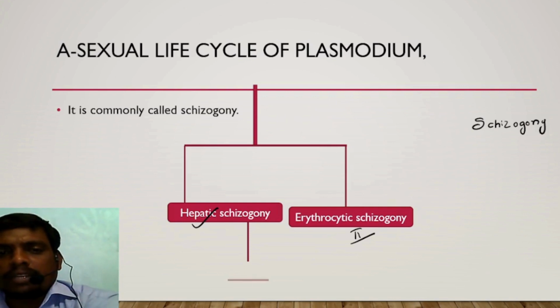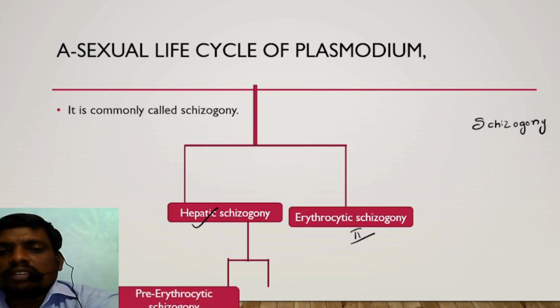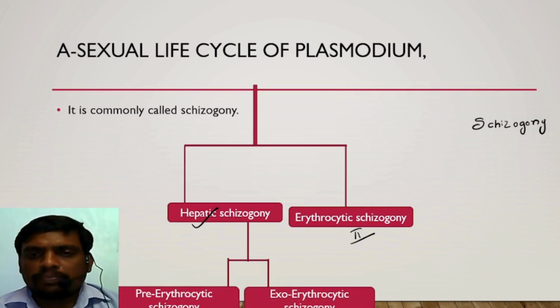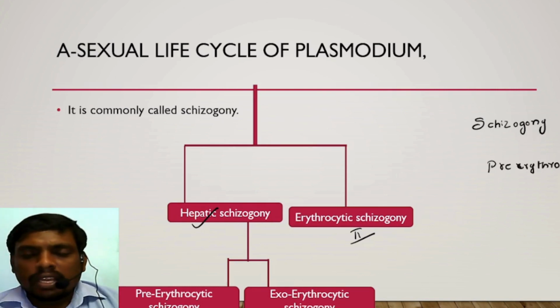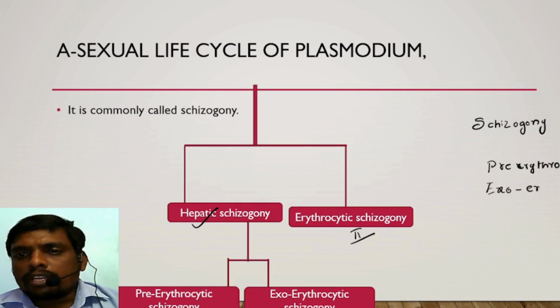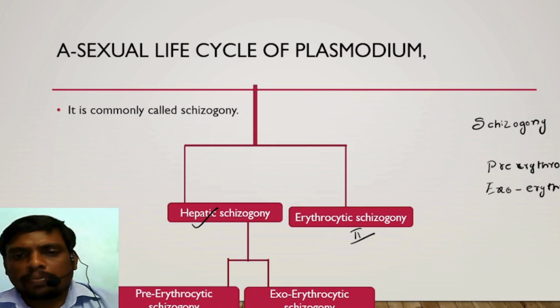The hepatic schizogony is divided into 2 major types: pre-erythrocytic schizogony, you can see in the flow chart, and the flow chart you have to mention in the diagram in the examination also, and also exo-erythrocytic schizogony, that is the next one.